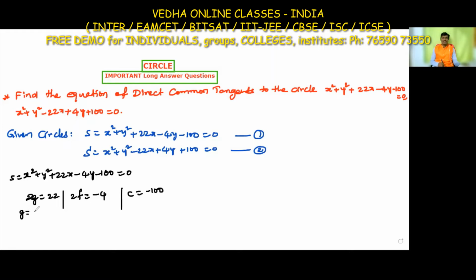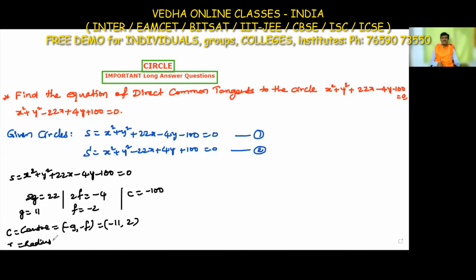So here g value is 22 divided by 2, that is 11, and f value is minus 4 by 2, that is minus 2. After that I am writing the center. The center is minus g comma minus f, so plus 11 becomes minus 11 and minus 2 becomes plus 2. This is the center.